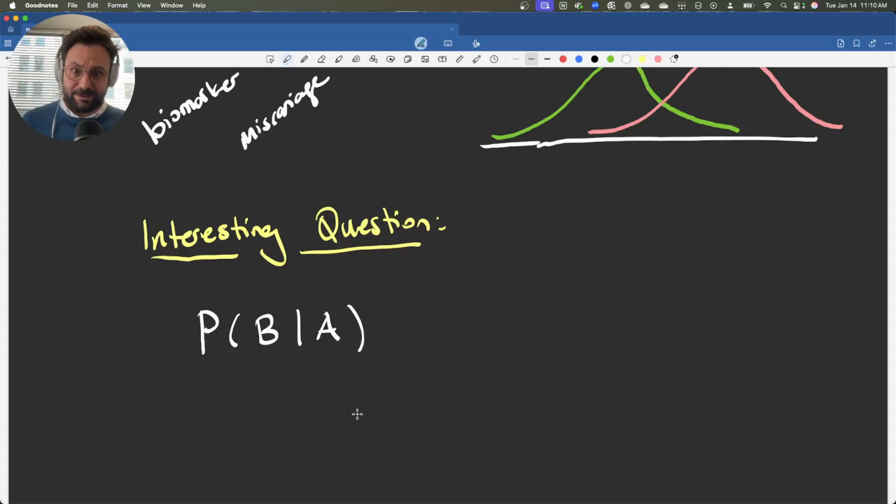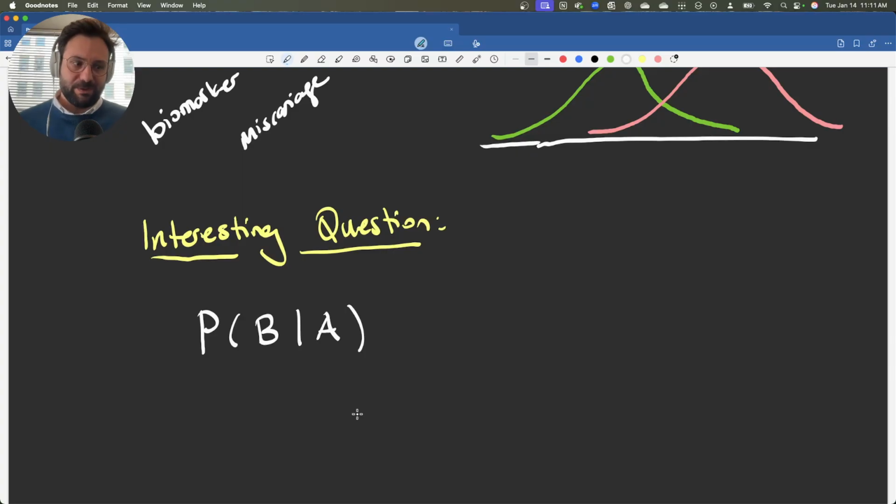So we cannot possibly measure or collect the data sets for any number of biomarker levels, and we cannot wait until many miscarriages happen, right, for certain values. So we need to act in a smarter way, and we need to do something extra.